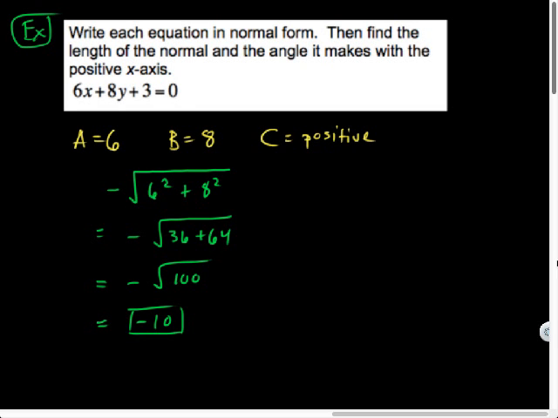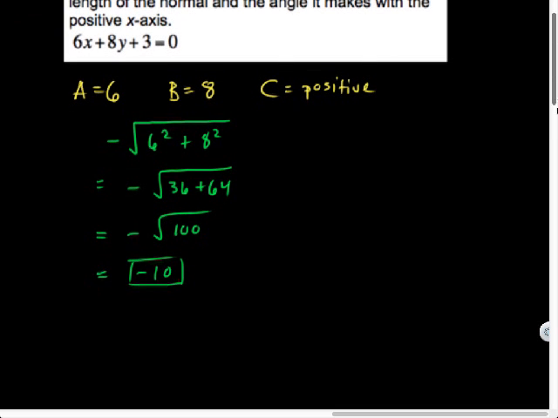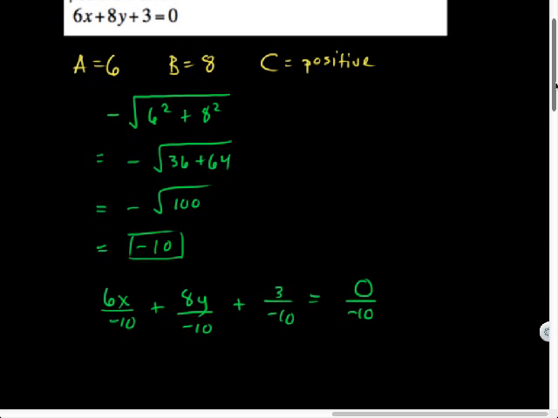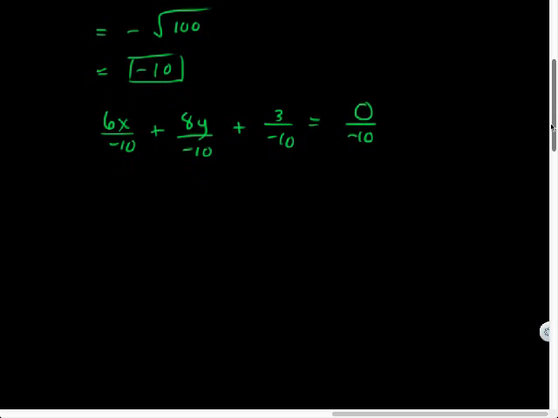And now I'm just going to divide each side, which results in dividing each term, by this negative 10 right here. So I'll have 6x divided by negative 10 plus 8y divided by negative 10 plus 3 divided by negative 10 equals 0, always equal to 0.